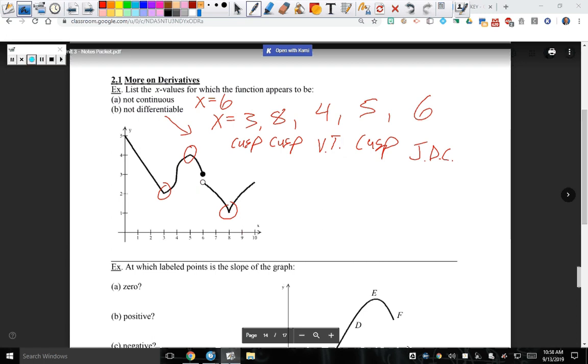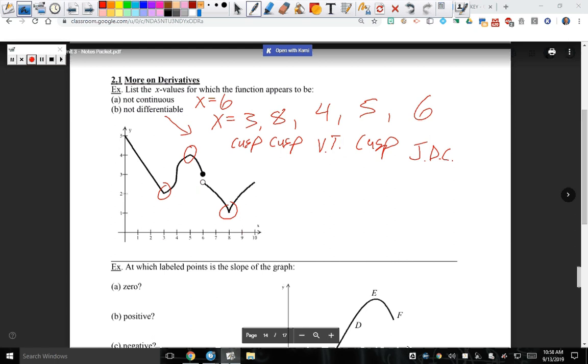Okay? Alright. So we know for it to be differentiable, it must be continuous. It must be continuous to be differentiable. Okay? It must be continuous. And at the same time, it cannot be a vertical tangent, and it also cannot be a cusp.